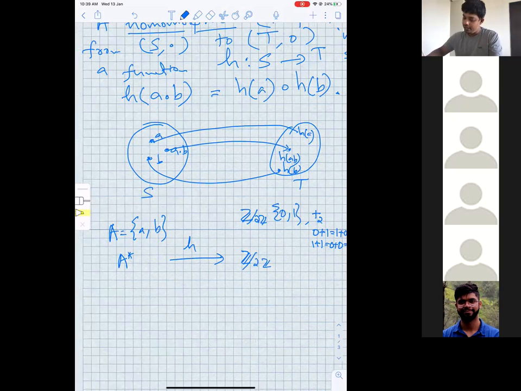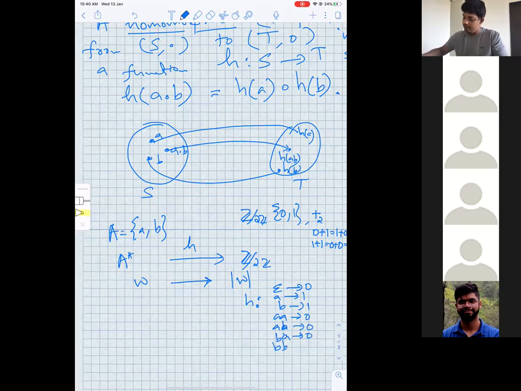So if I take a word W, I can map it to the length of W. So what is this homomorphism? h maps epsilon to 0, A to 1, B to 1, AB to 2, that is 0 again. I should say A to 1, AB to 0, BA to 0, BB to 0, and so on.